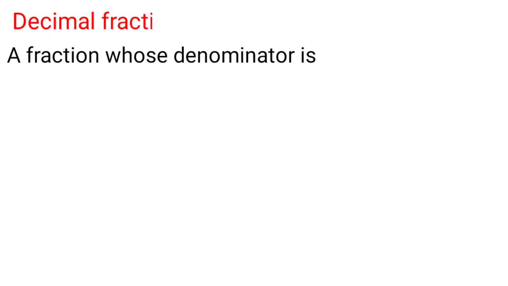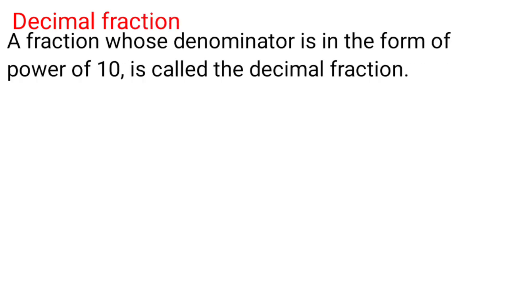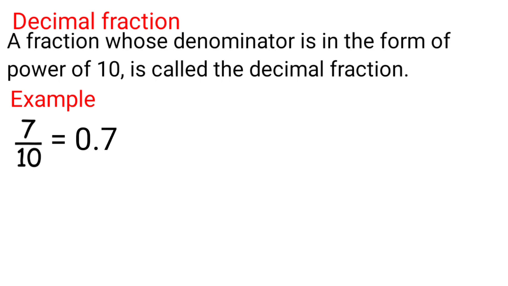Next one, decimal fractions. The fractions whose denominator is in the form of a power of 10 are called decimal fractions. For example, 7 by 10, we can write it as 0.7. Next one, 98 by 100, and it will be in the decimal form 0.98.